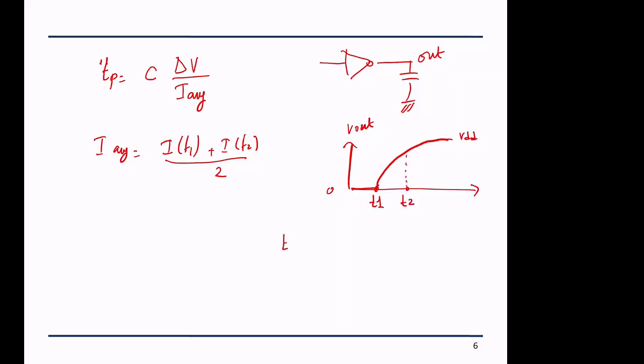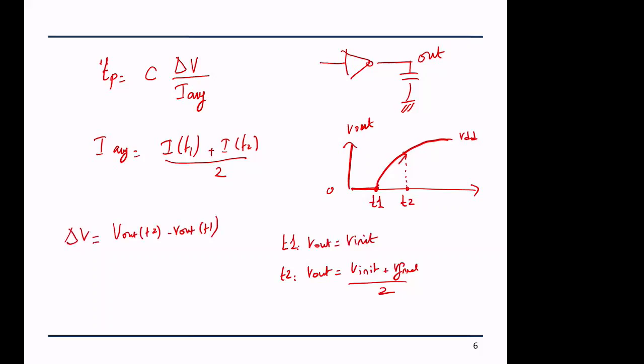At time T1, V out is equal to V init, and at time T2, V out will be equal to V init plus V final over 2. So the delta V is V out of T2 minus V out of T1. And the I average is the I at time point 1 plus the I at time point 2 over 2.